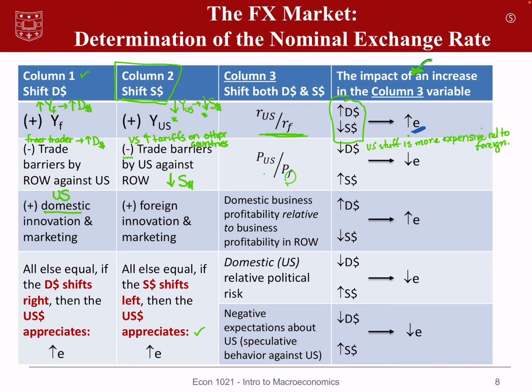Similarly, dollar holders would say, ooh, maybe I can find this good cheaper in the rest of the world. And so would supply more dollars in the foreign exchange market. And I'll leave it to you to draw this out. And I think it would be really excellent practice if you do. But what you should be able to convince yourself of is that if the demand curve shifts to the left and the supply curve shifts to the right, both of those factors will cause the dollar to depreciate.